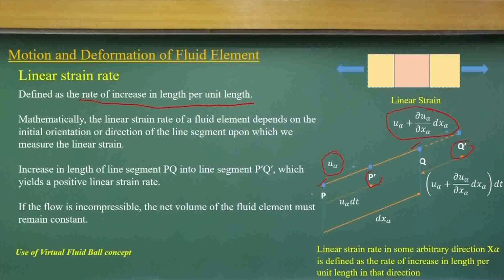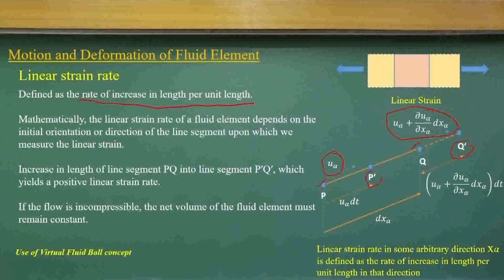The distance travelled by P and Q will be different, as the velocities are different at P and Q. If there were no velocity difference between P and Q, we would not have a linear strain.